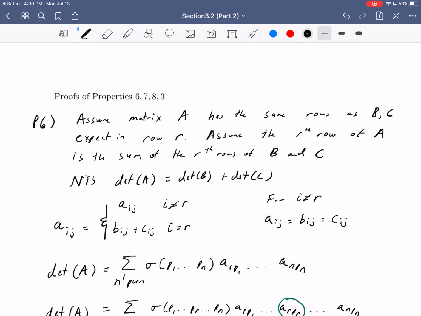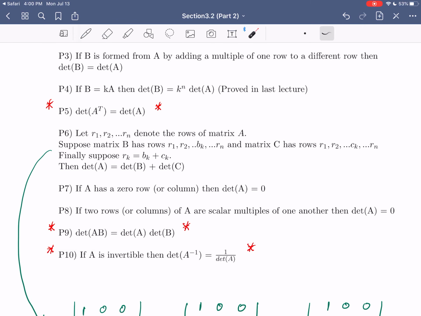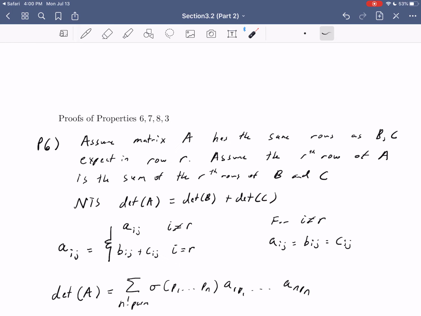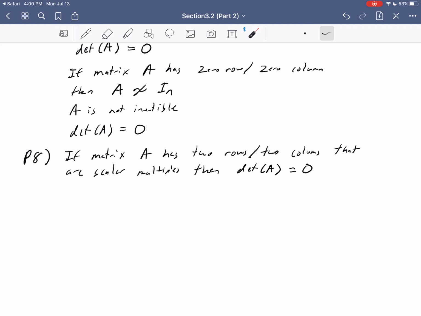So that was property 8, right? Property 8 says if you have two rows or two columns that are scalar multiples of one another, then the determinant is automatically 0. So this one, I'm just going to prove for the case for rows.